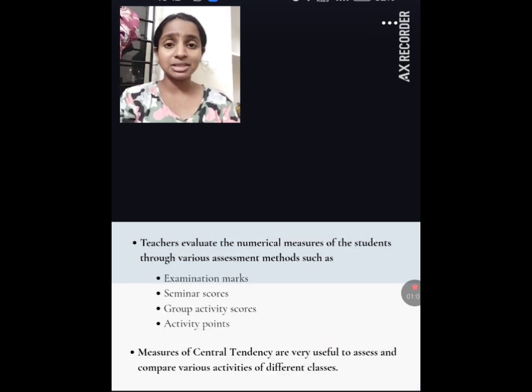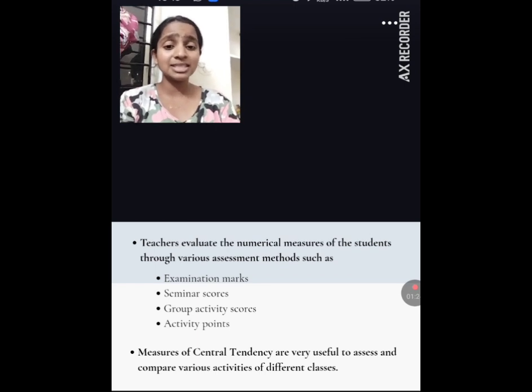That is, it can be some examination marks or seminar scores or group activity scores or activity points, something like that. These numericals have to be analyzed and interpreted in order to evaluate the students. And measures of central tendency is a widely used statistical tool for doing these things.